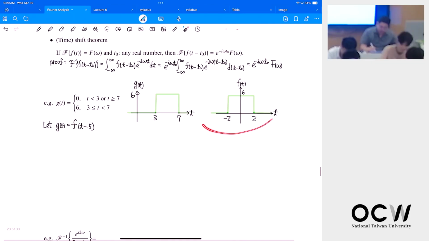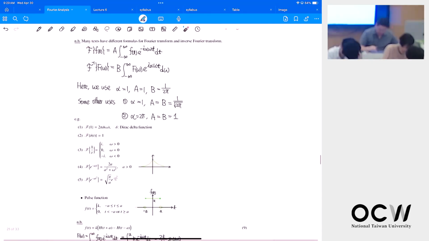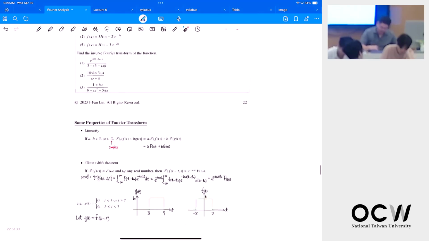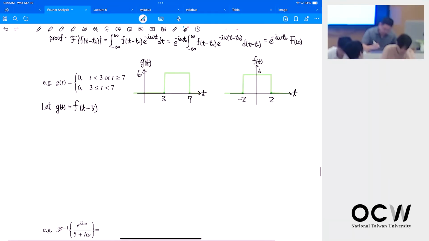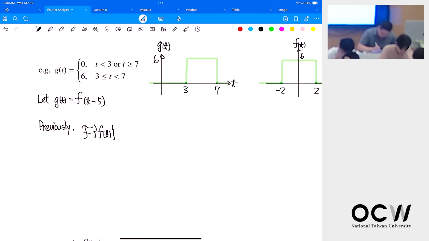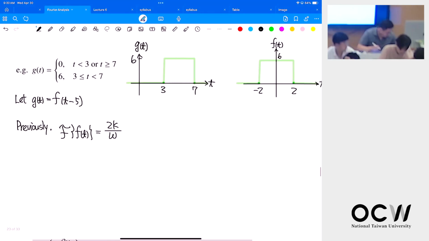And we just did the Fourier transform of this one. Okay, that is our Fourier transform, the pulse function. So previously, we know the Fourier transform of my pulse function should be 2k over omega times sine a omega.